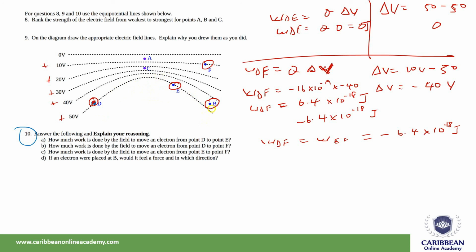So if the charge is placed there, it will be moving like this towards the positively charged plate, so to speak, that is producing these electric field or electric potential lines.